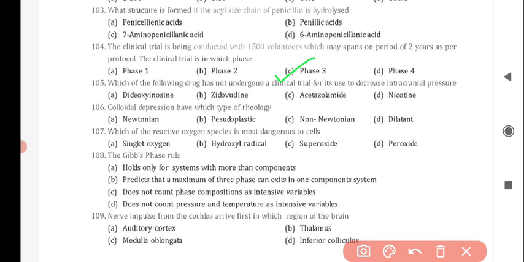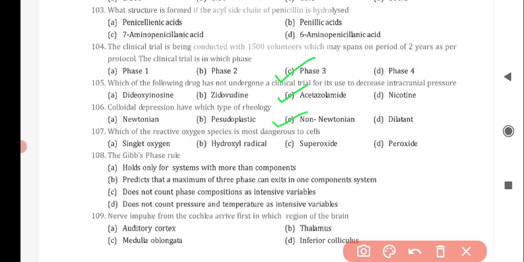Next question is, which of the following drugs has not undergone a clinical trial for its use to decrease intracranial pressure? And the correct answer is option C, acetazolamide. Next question is, colloidal dispersions have which type of rheology? And the correct answer is option C, non-Newtonian.